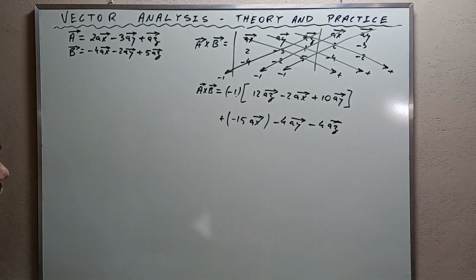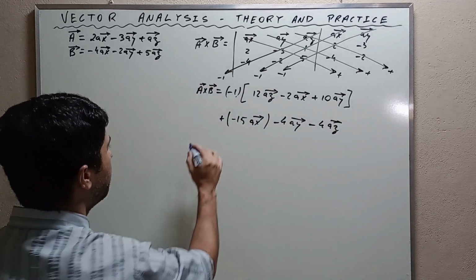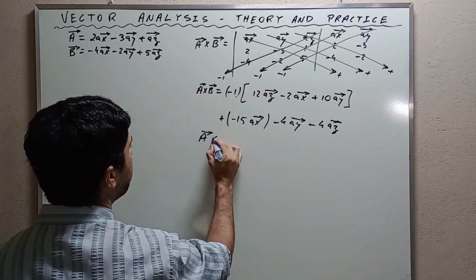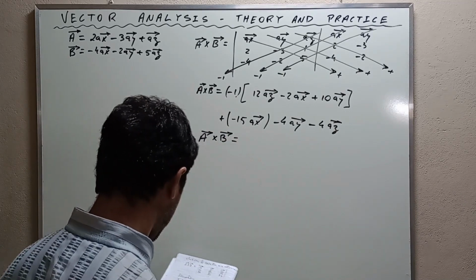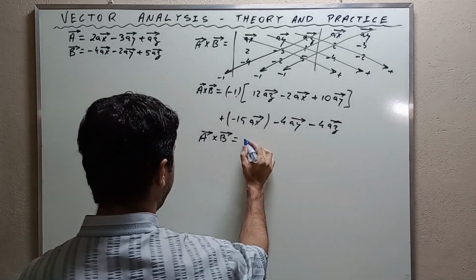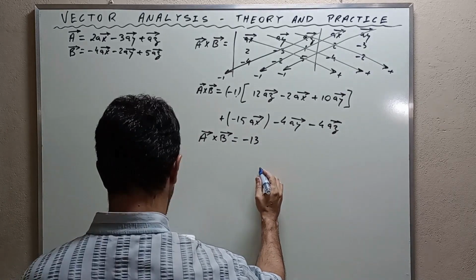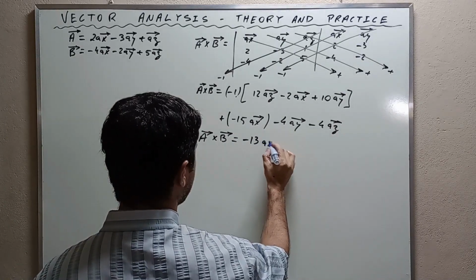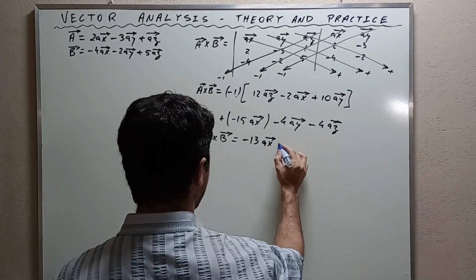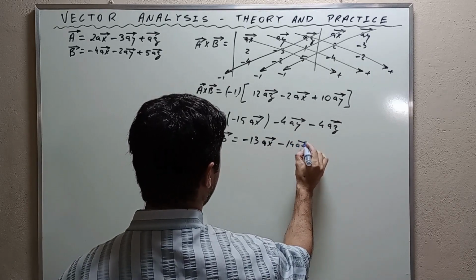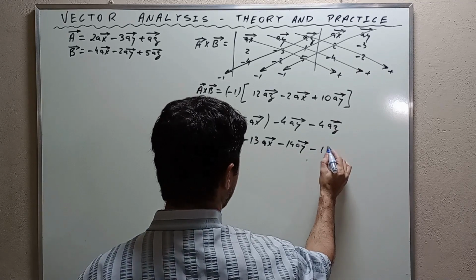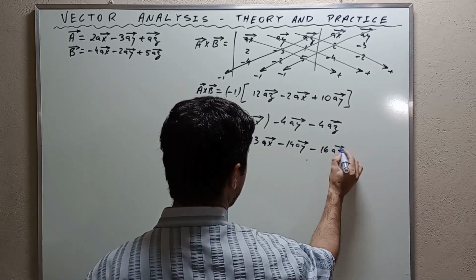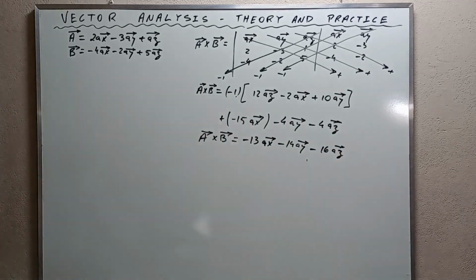And thus the cross product between vectors A and B is -13 AX, -14 AY, minus 16 in the z direction.